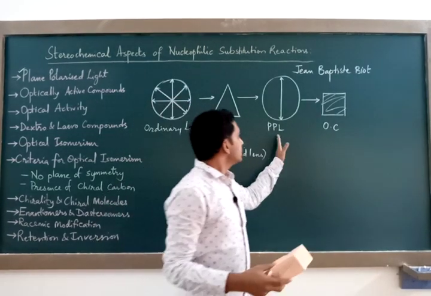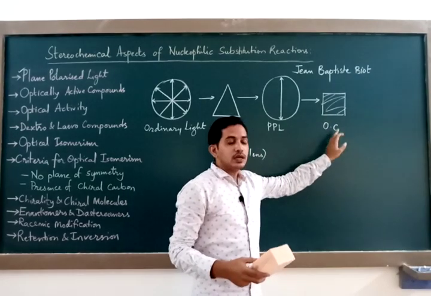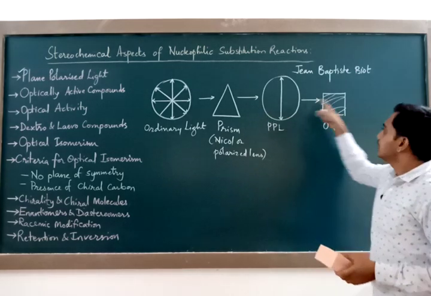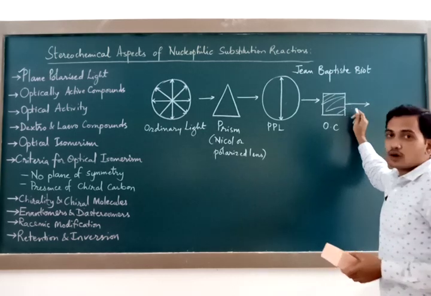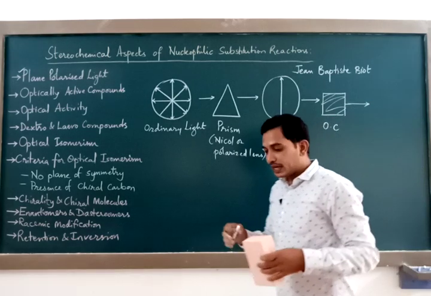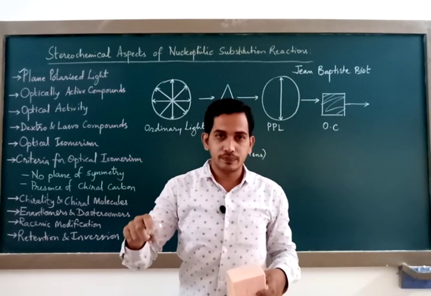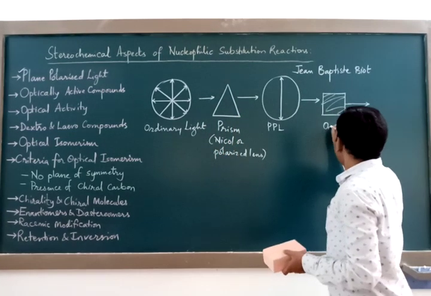This plane polarized light, when it passes through the organic compound, might come outside, or else it may not come at all.